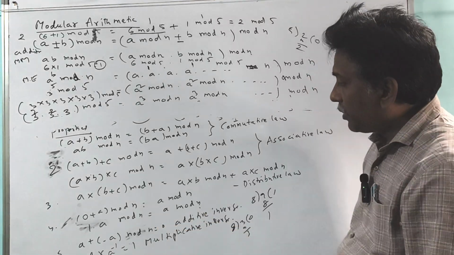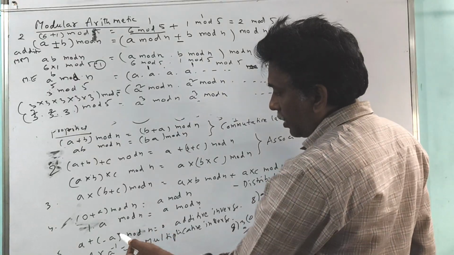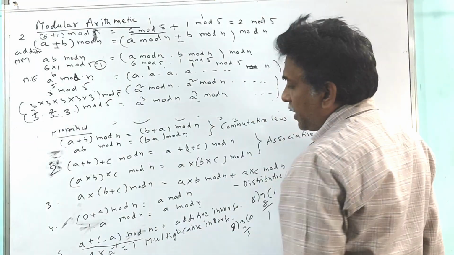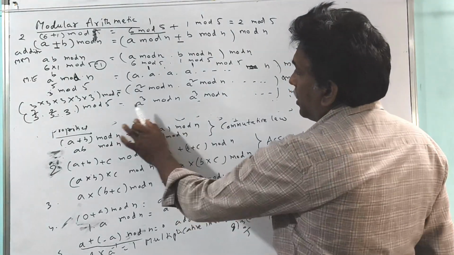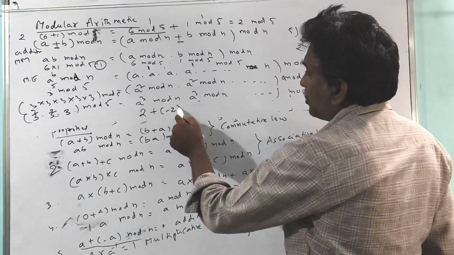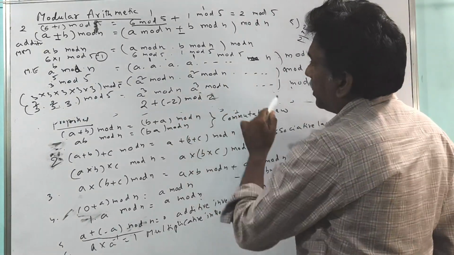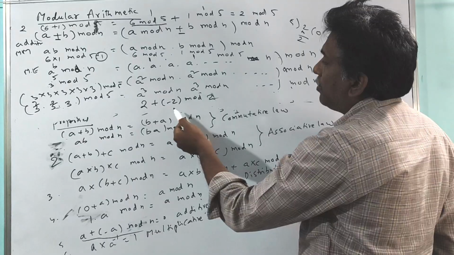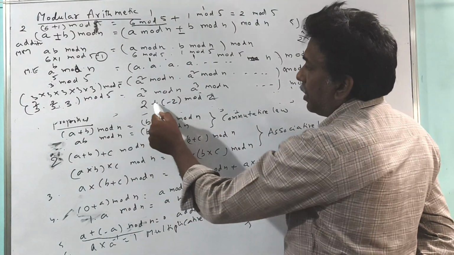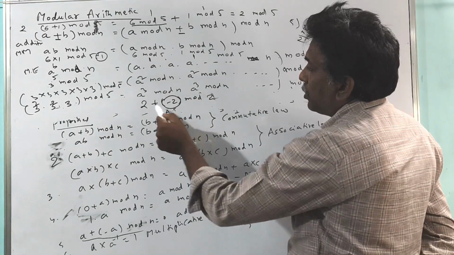Coming to a very important and somewhat useful property here: A plus minus A mod n. Let us take A equal to 2, so 2 plus minus 2 mod some n.